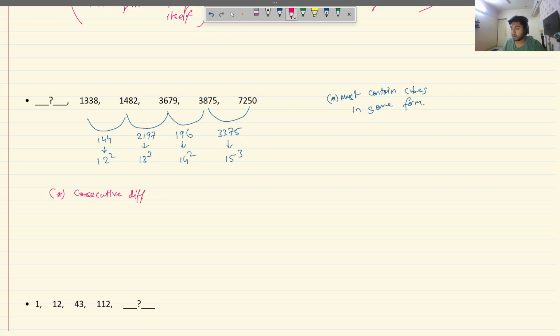Consecutive difference is alternately square of even number and cube of odd numbers.